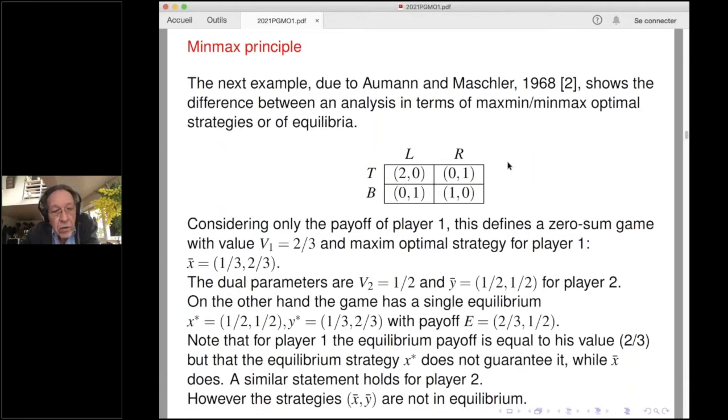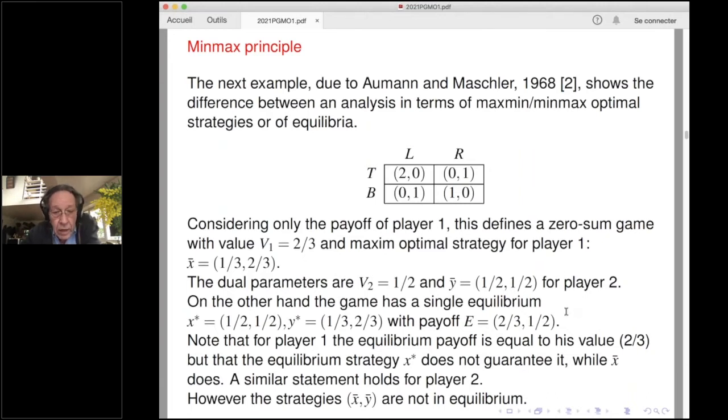Similarly, if you look only at the payoff of player two, it's 0, 1, 1, 0, and you consider a zero sum game, the value is 1/2, and an optimal strategy of player two is 1/2 on left, 1/2 on right. On the other hand, the game has a single equilibrium, given by x star, y star. X star is 1/2, 1/2, equalizing the payoff of player two, and y star is 1/3, 2/3, equalizing the payoff of player one. And the equilibrium payoff is 2/3, 1/3.